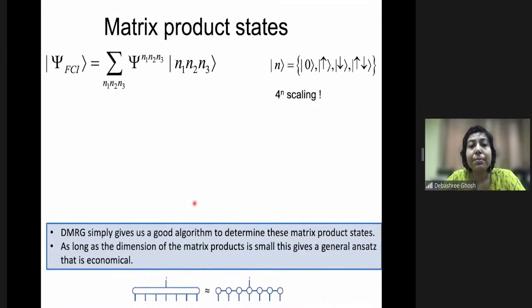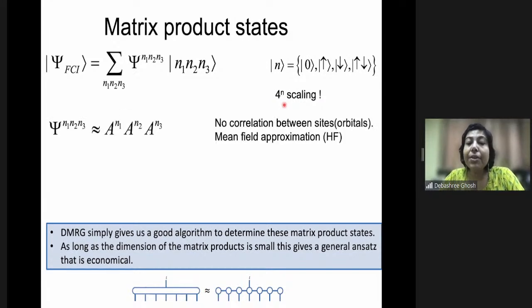Again, in the algebraic notation, this is what a full CI wave function will look like. For orbitals, it will have a scaling of 4 to the power n, not 2 to the power n, because 2 to the power n is only for spin states. If it were a mean field approximation, essentially there are no correlations between sites. So you are basically taking a product of the orbitals.